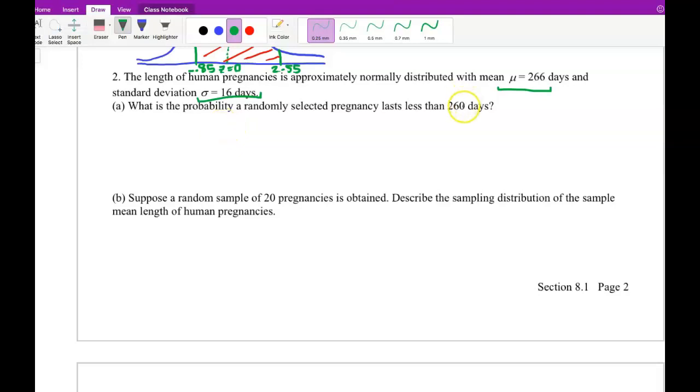So no sample size given. What is the probability that a randomly selected pregnancy lasts less than 260 days?